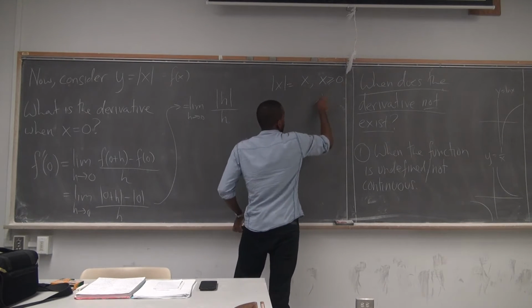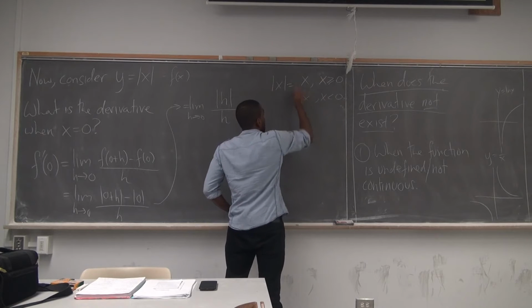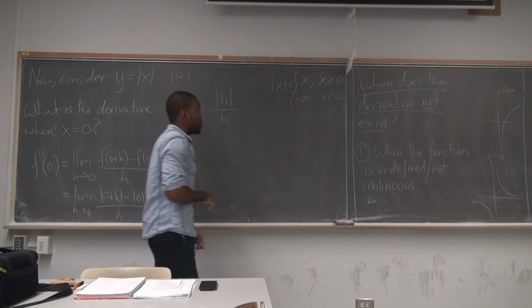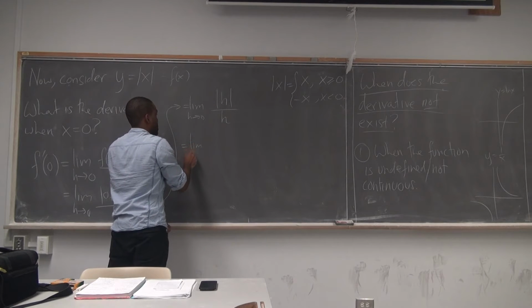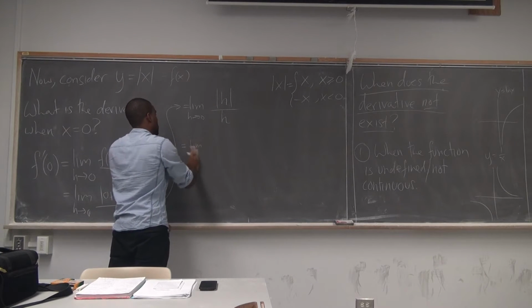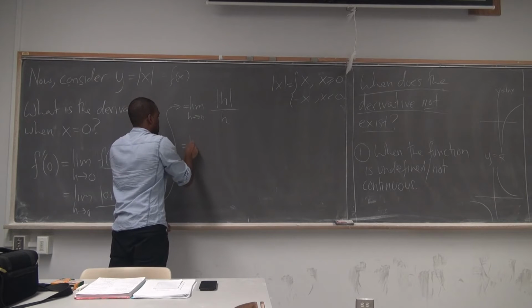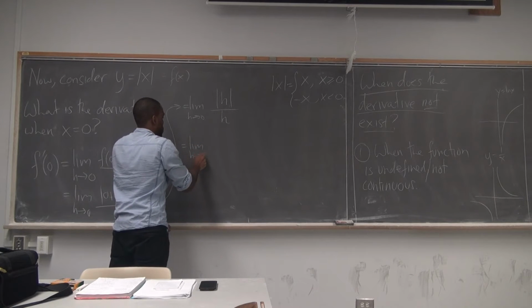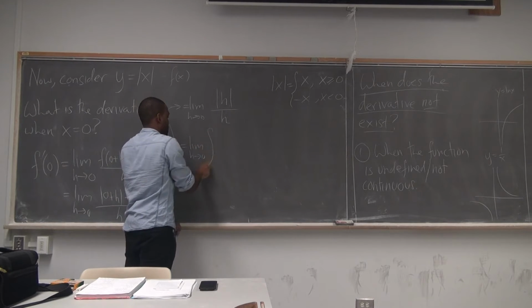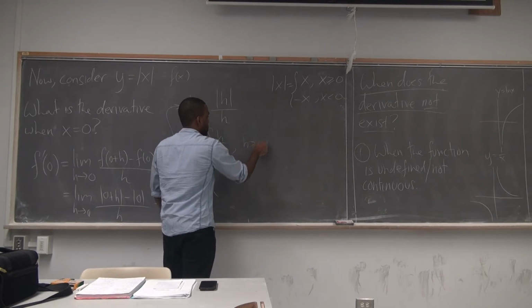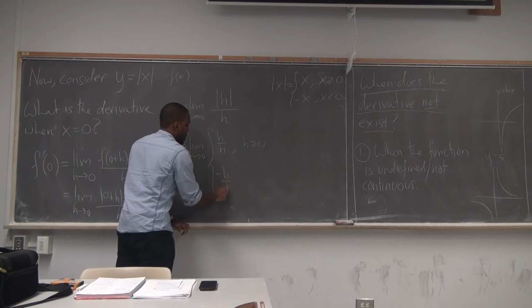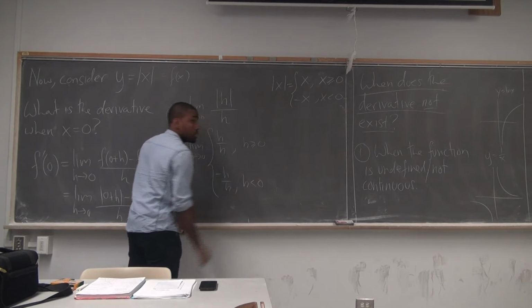If your x is less than 0, what does it give you? Negative x, right? Which means that this guy actually splits into two parts. This limit as h approaches 0 of this function, it's either going to give me h over h if my h is greater than or equal to 0, or it's going to give me minus h over h if my h is less than 0.